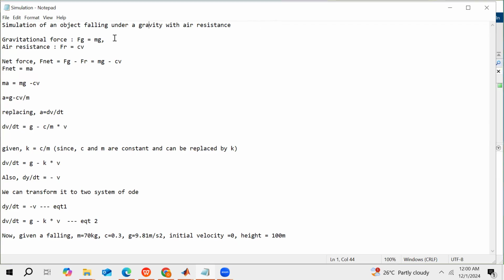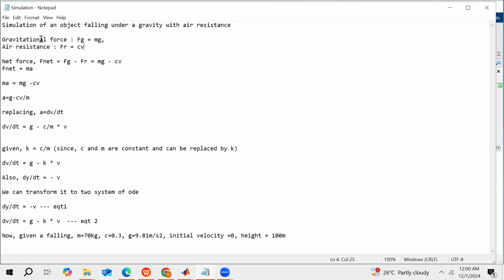The object is falling under a gravitational force, which we define as Fg equal to mg, which is the mass of the object times the acceleration due to gravity. Then we have an air resistance, which we define as Fr, which is C times V. This C is the coefficient of drag, and the V is the velocity.